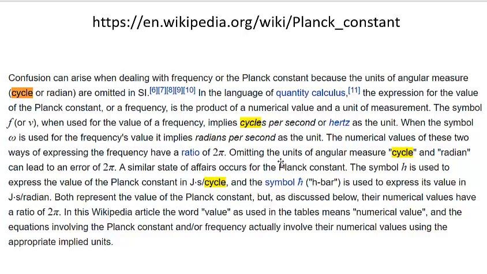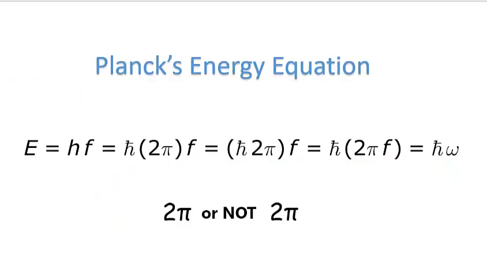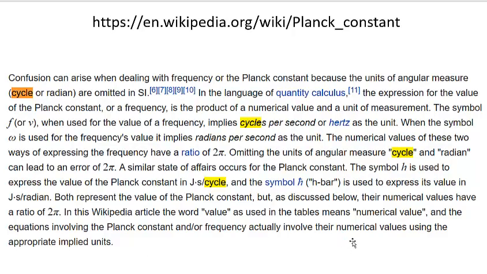So omitting the units of angular measure, cycle or radians, can lead to an error of 2 pi. If you use h bar in an equation, but you use frequency instead of angular frequency, you're going to make a mistake. So, where was I here?